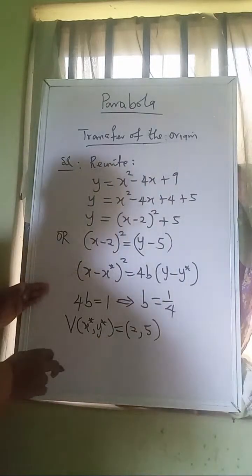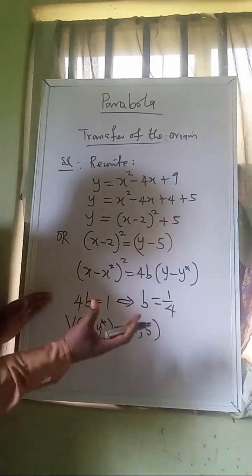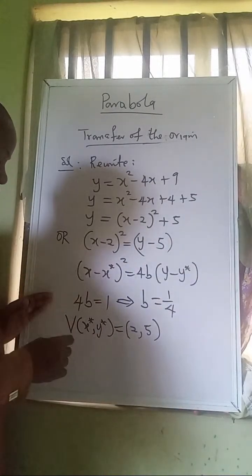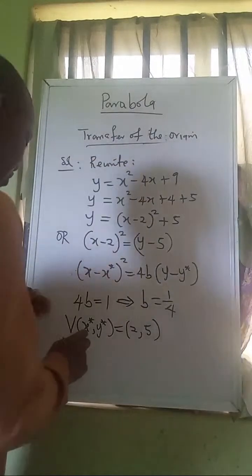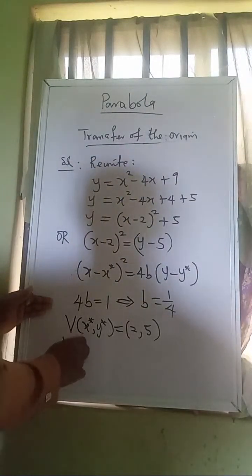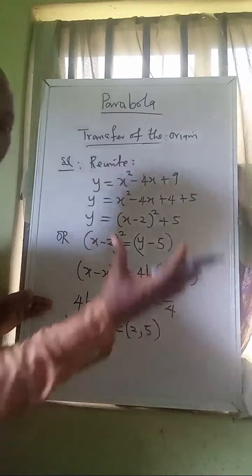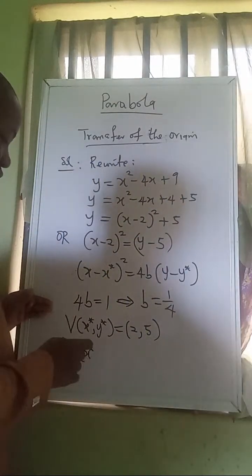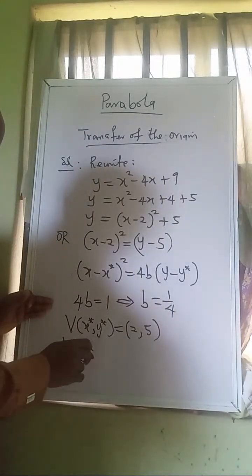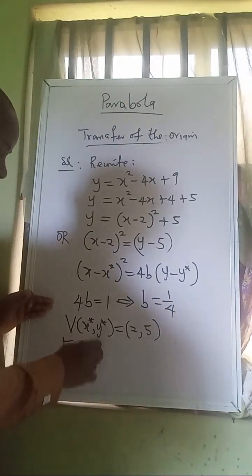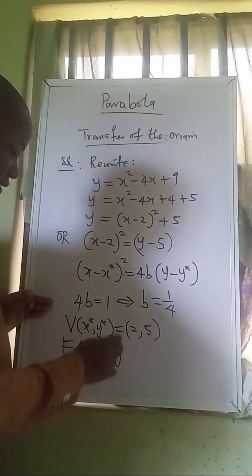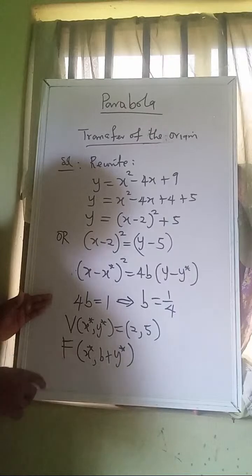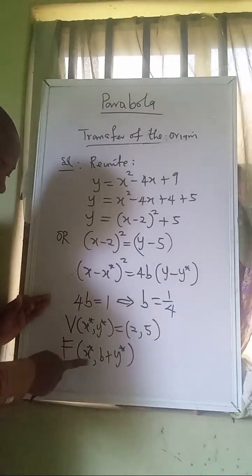And of course you will see that this is the case of a parabola facing upward. Okay, so we'll see that this is the case where we have a parabola of this form, b plus y star. Okay, this is how the focus of this will look like.